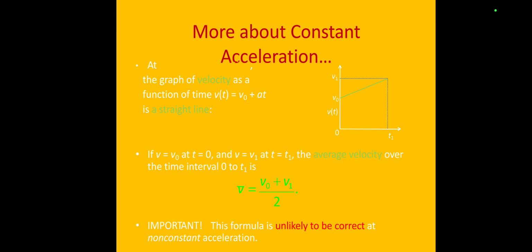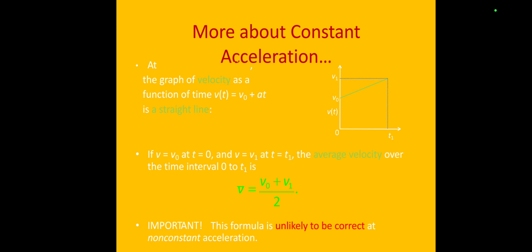Here v naught is the initial velocity and v1 is the final velocity. We start with the initial velocity and reach the final velocity in time 0 to t1. By connecting these points, we get a straight line.